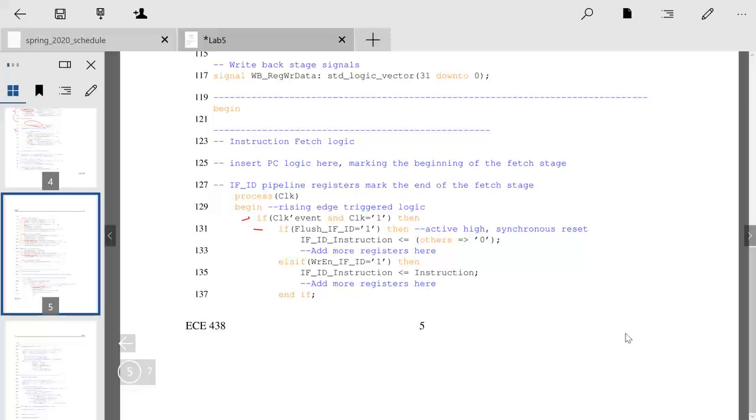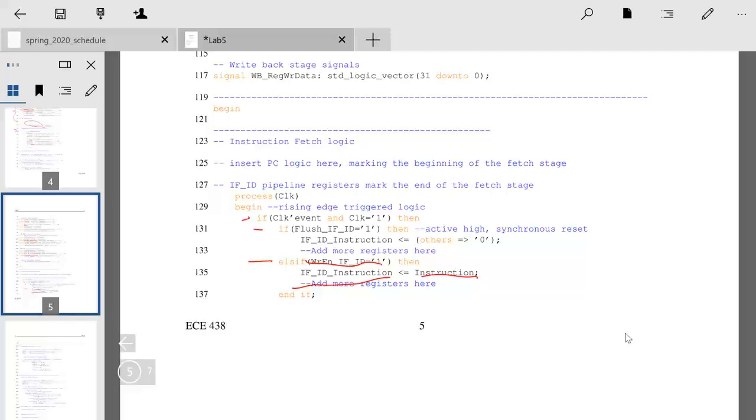So if flush IFID is not asserted and the write IFID is asserted, then we go ahead and latch, and we store the value from the signal from the IF stage. Now, this instruction, I'm not following convention.